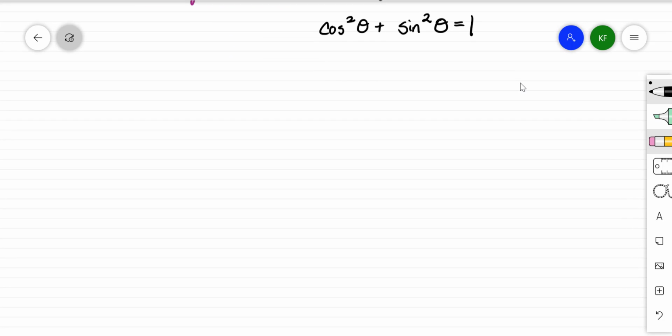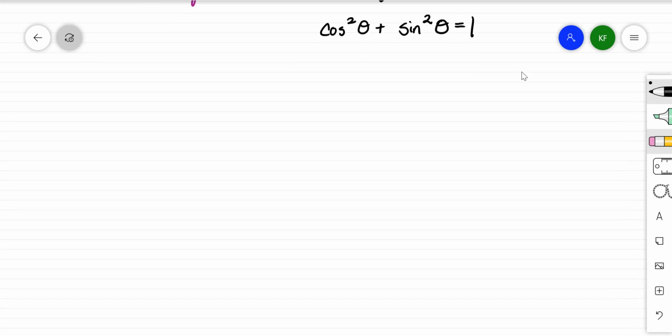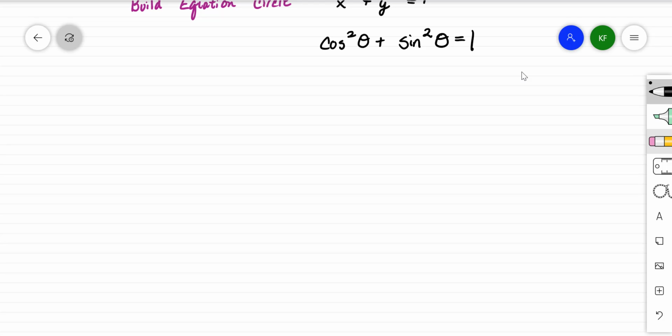So then I derive the other two formulas using this base formula here. We have the first one, and then we're going to build number 2, and then number 3.